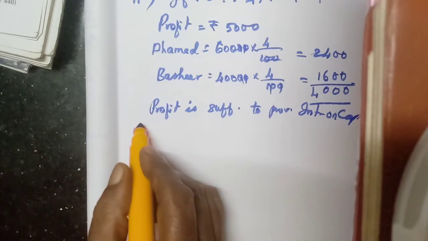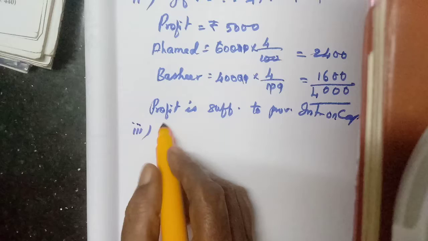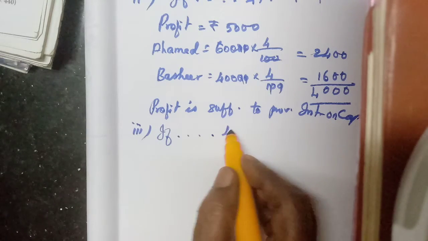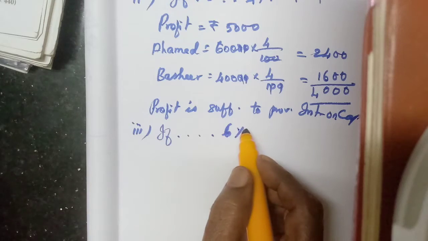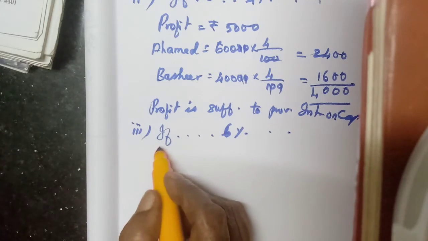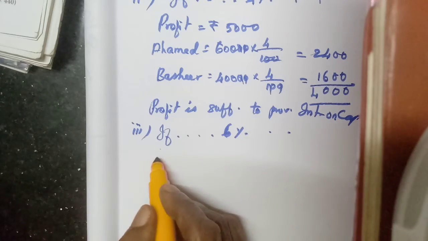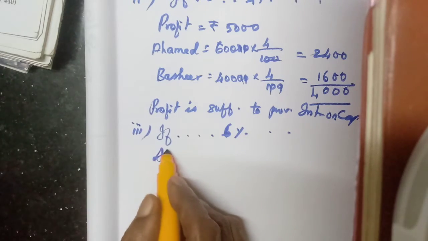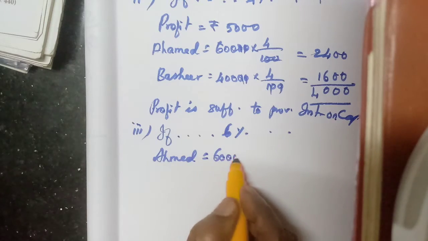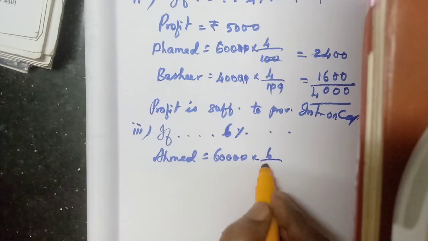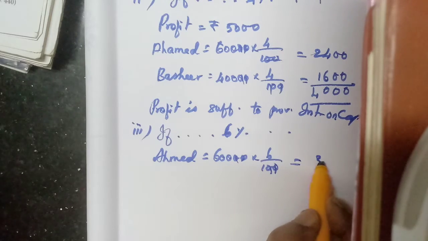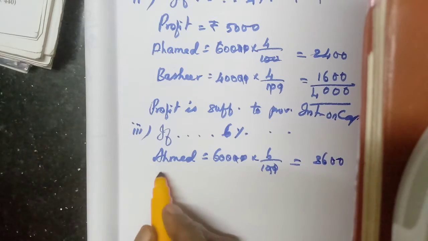Okay, then third one. If interest on capital is 6% per annum. Okay, then for profit how much? 5,000. Now Ahmad, 60,000 into 6 by 100. 36, 30, 20.